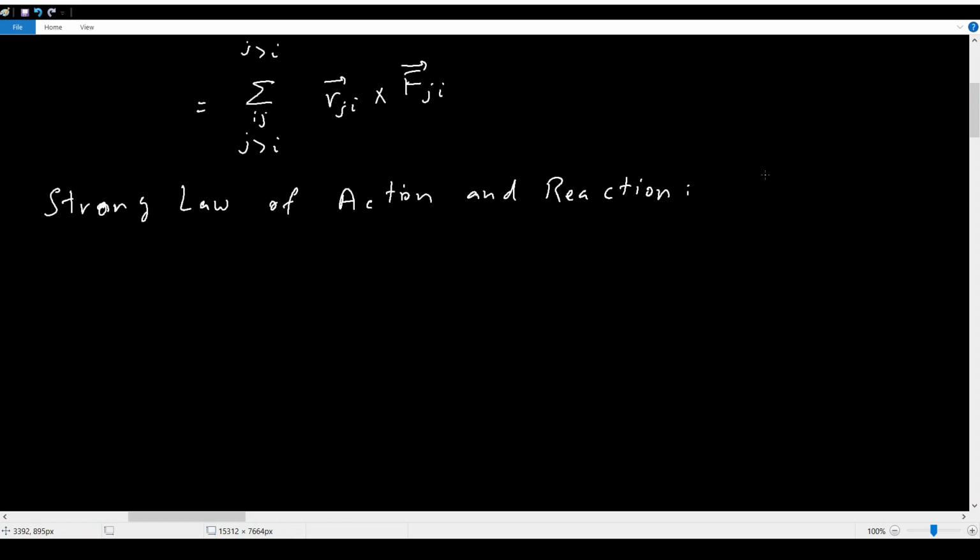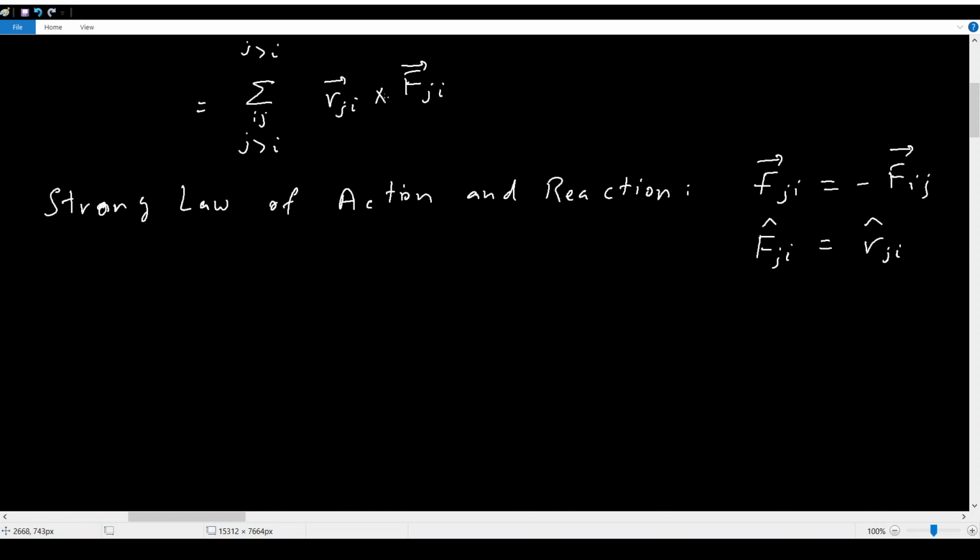So as before, we have F_ji equals to minus F_ij, right? But further, the direction, the unit vector of F_ji is r_ji. They are in the same direction. So the force lies along the line joining the particles.